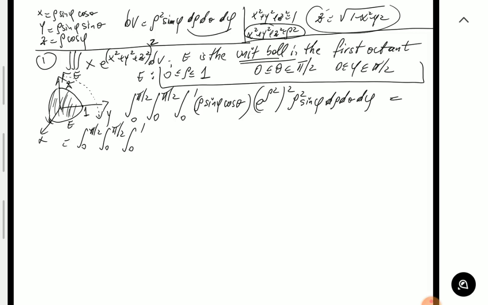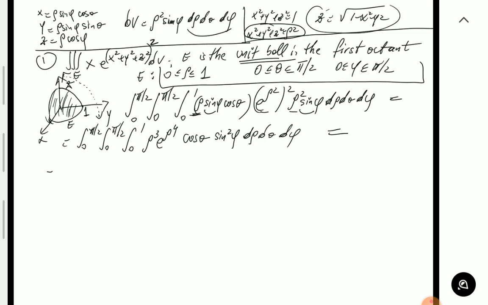If you look carefully, everything splits into a product of functions in rho, phi, and theta. So the terms in rho combine into rho cubed e to the rho to the power 4. Then I have a cosine of theta by itself, and I have 2 copies of sine of phi, d rho d theta d phi.